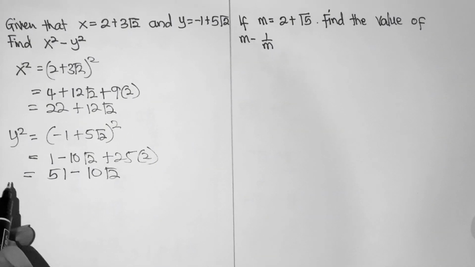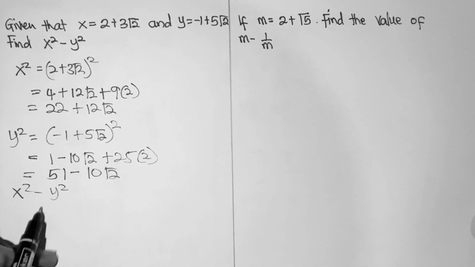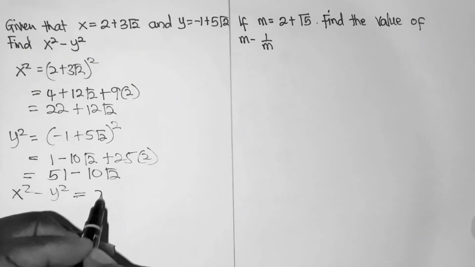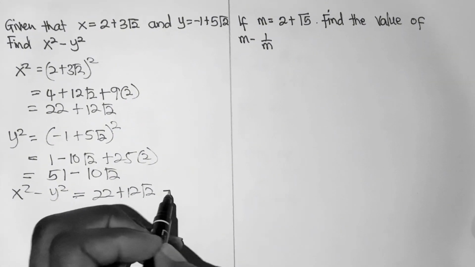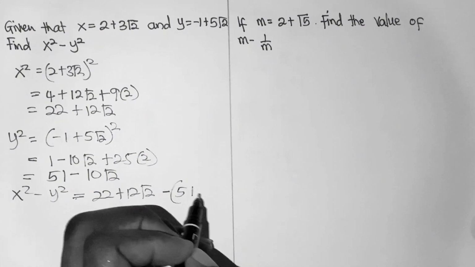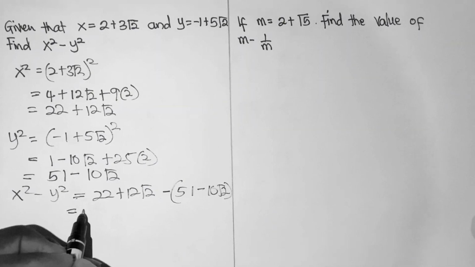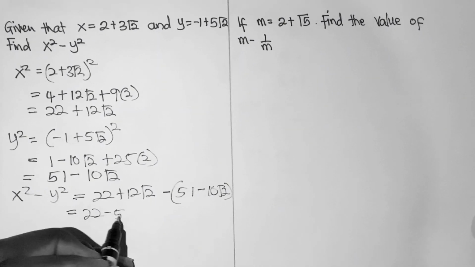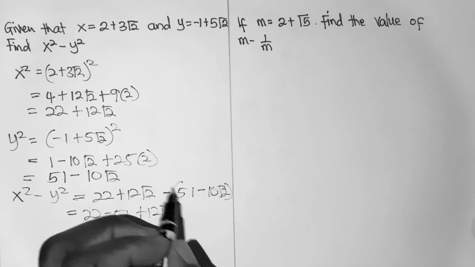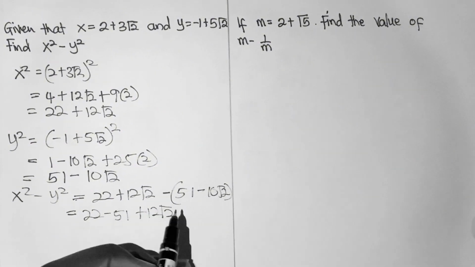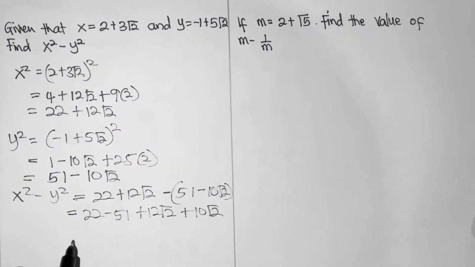Now, we are looking for x squared minus y squared. So this is equal to x squared, 22 plus 12 root 2, then minus 51 minus 10 root 2. So this becomes 22 minus 51, then plus 12 root 2, then minus 1 times minus 10 root 2 is plus 10 root 2.